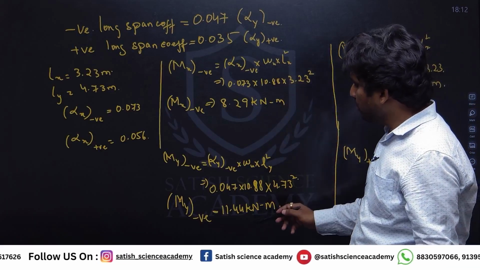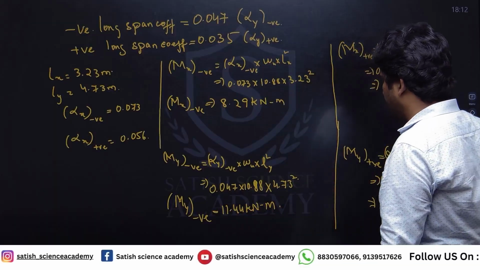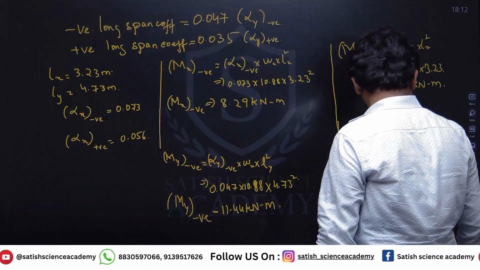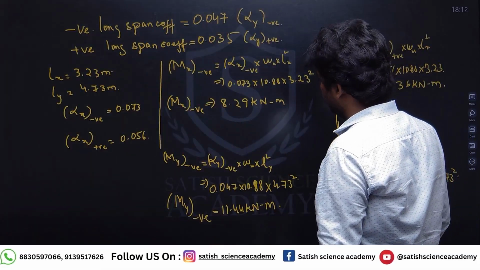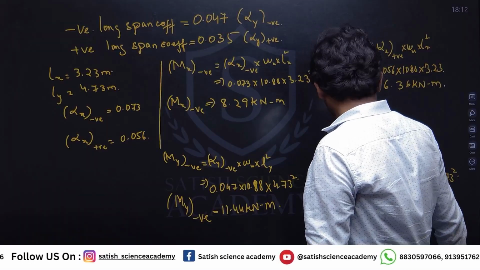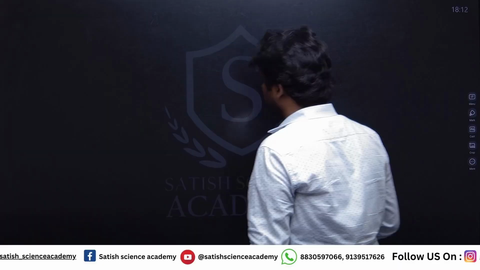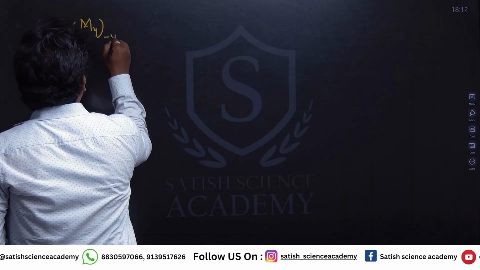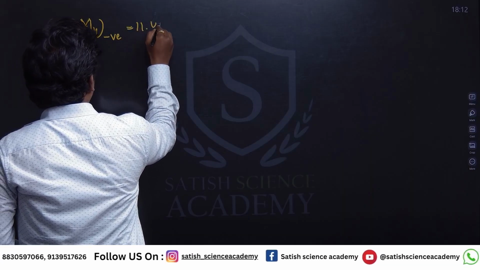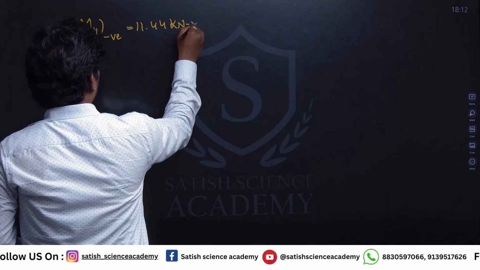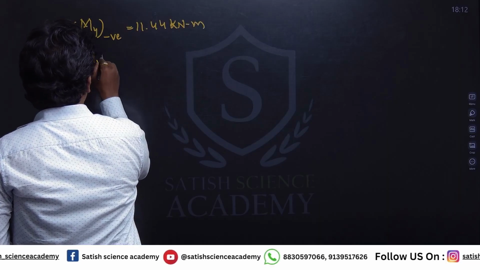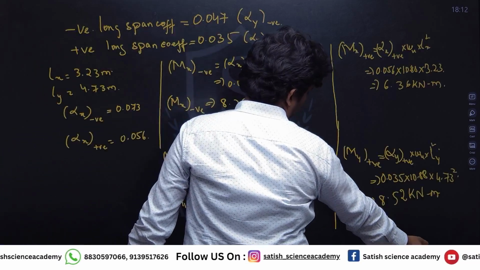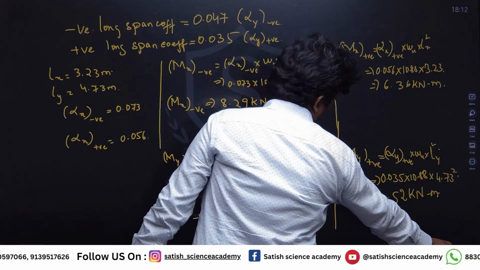Maximum of negative moments is My negative, which is 11.44 kilonewton meter, and My positive is 8.52.